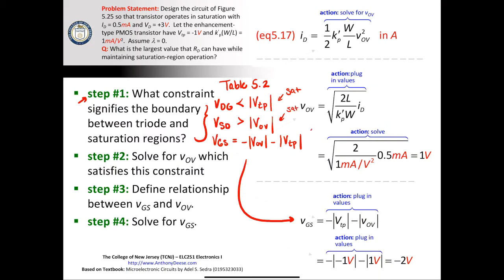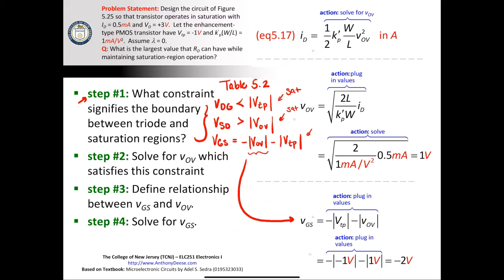Now this equation here is not an inequality. It's not a constraint. It is defining VOV for this PMOS case. So for example, you would have to use this third equation in order to understand the second. I just wanted to lay all those out there. We'll come back to them in a second.